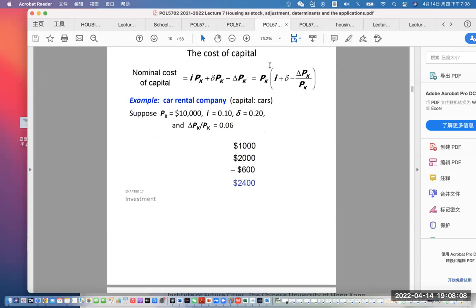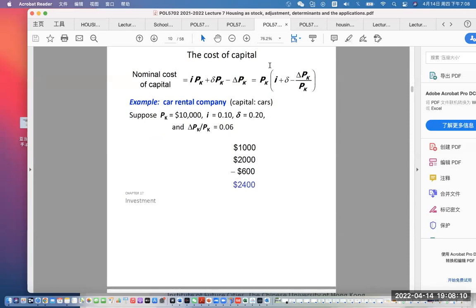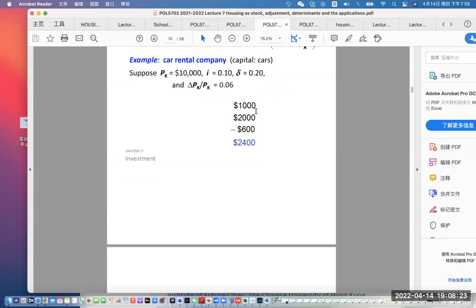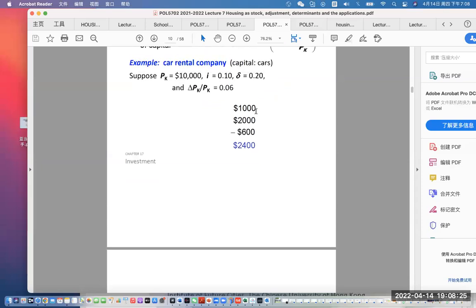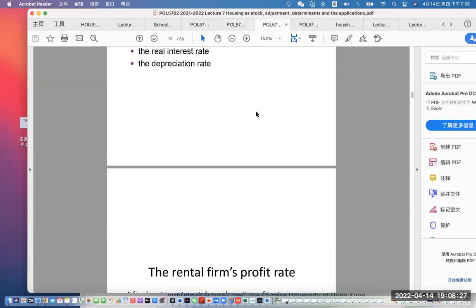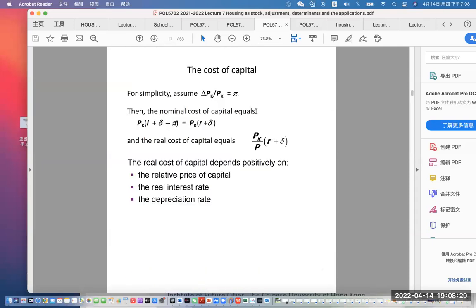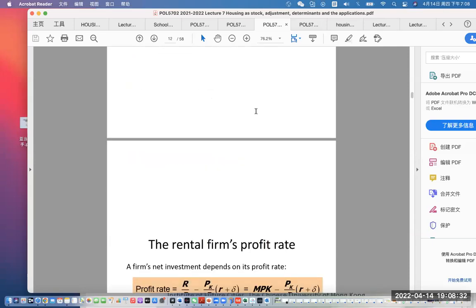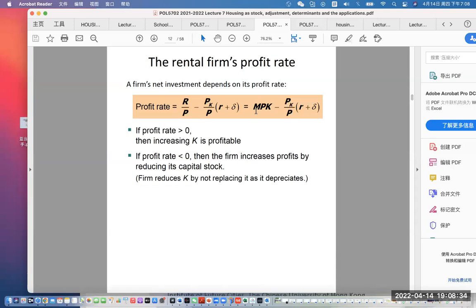And then it is also quite easy to comprehend what the nominal cost of capital is, right? The nominal cost is also included by using the car rental company. You can get investment choices between delta PK versus PK. That's the cost of using it.